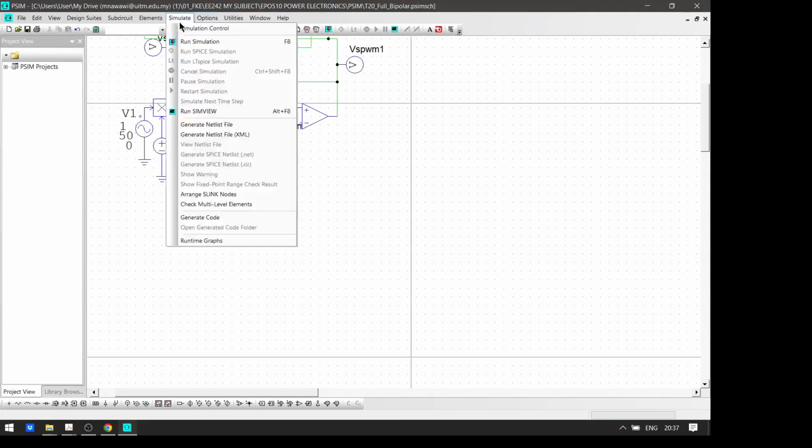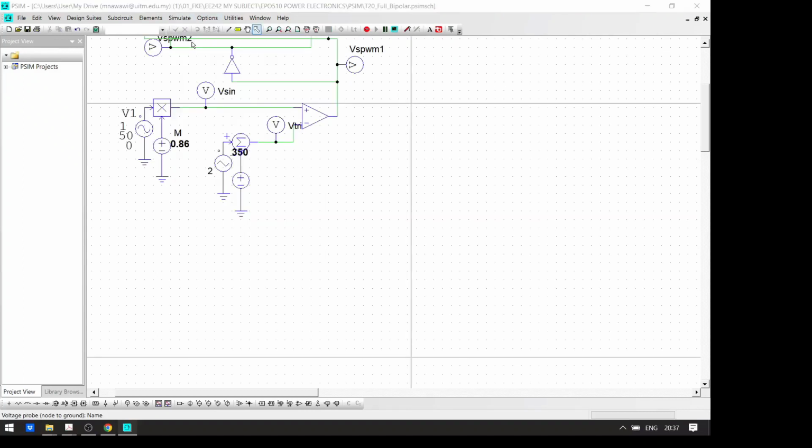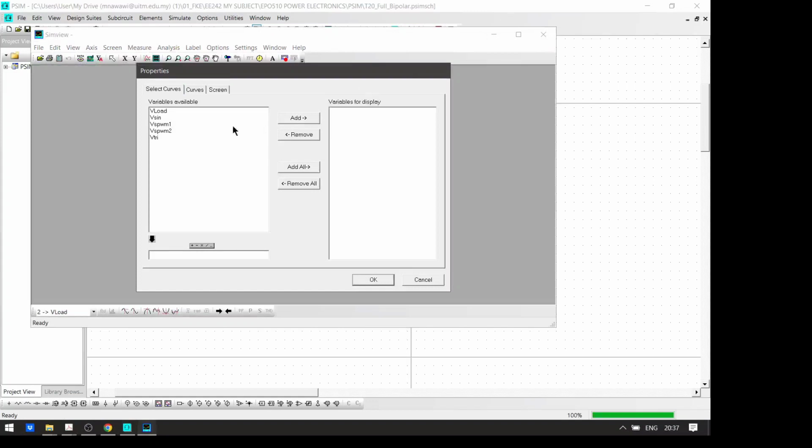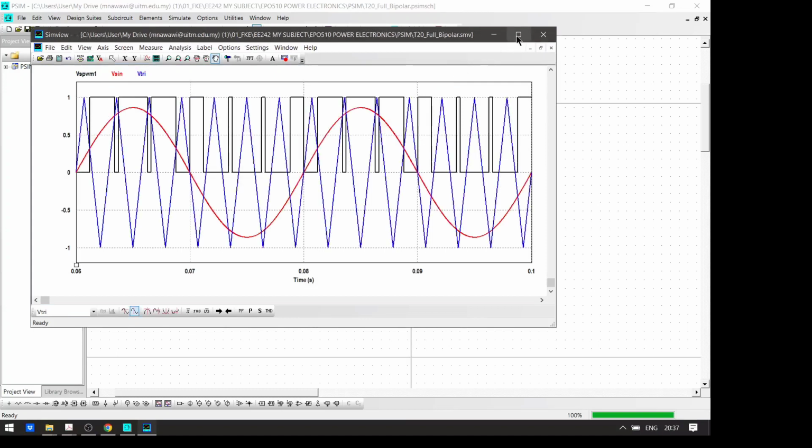Now let's look at the waveforms. Let's look at this sinusoidal PWM first. Okay, there you are.